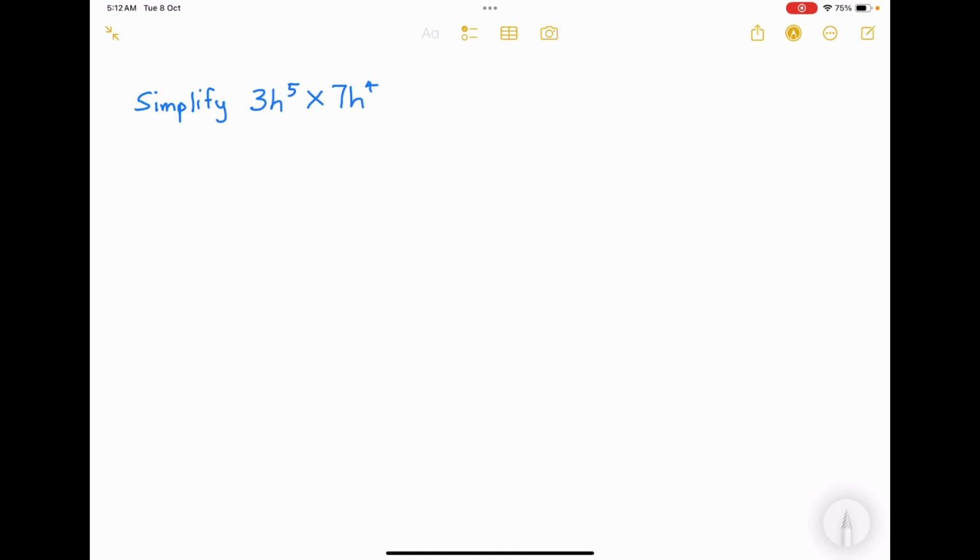What if there are 2 numbers? We get 3 times 7 times h to the power 5 times h to the power 4.